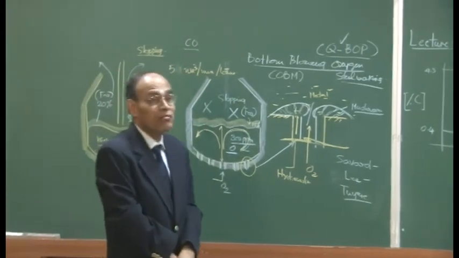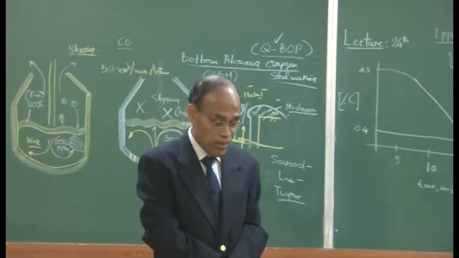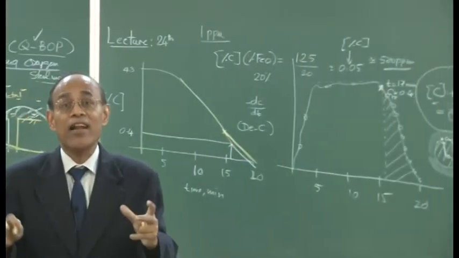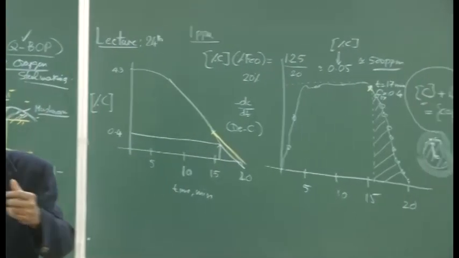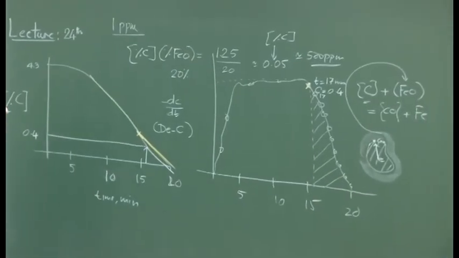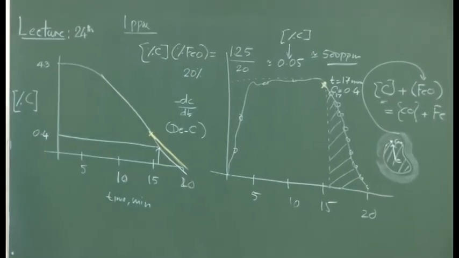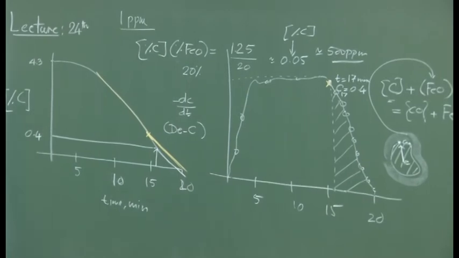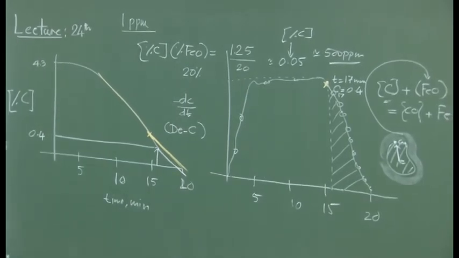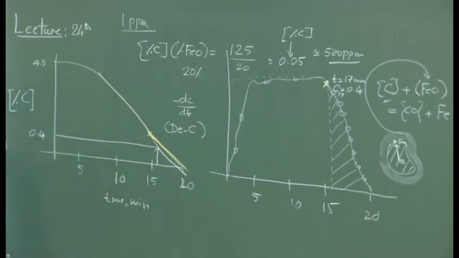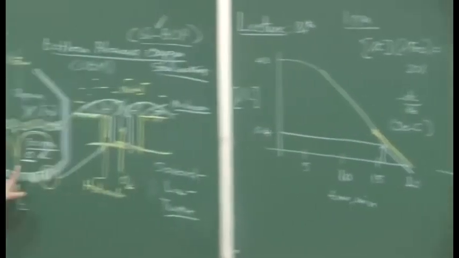Therefore, Indian Railways insist that unless you have vacuum degassing, which brings hydrogen to 1 ppm or less, they will not buy steel and turn it into railway lines. This sort of requirement, low hydrogen content, cannot be satisfied in the oxygen steel making process.